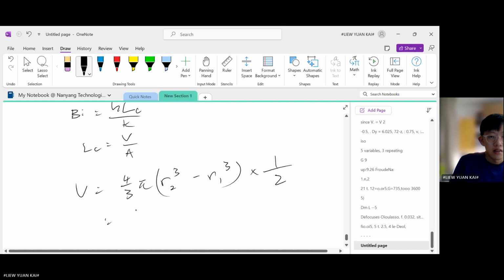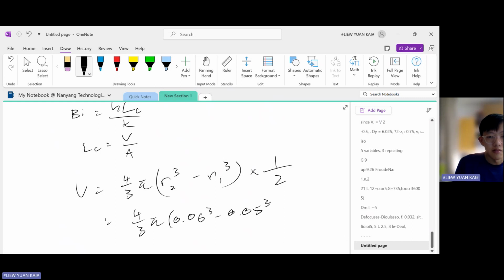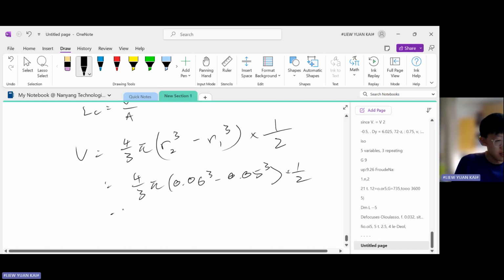So 4/3 pi times 0.06 cubed minus 0.05 cubed, times half. At the end of the day, you should get 0.0000381. This is the volume in meters cubed.